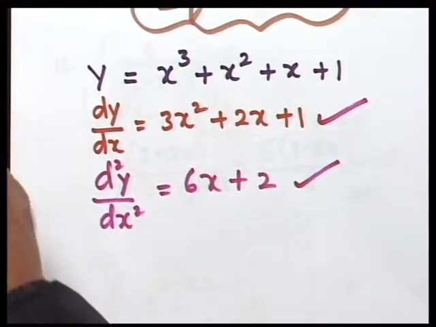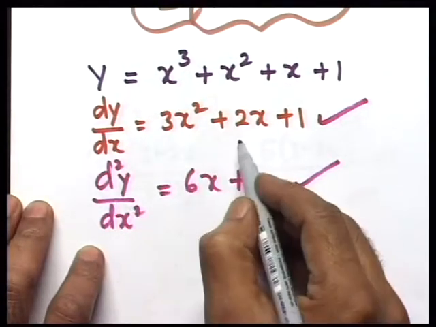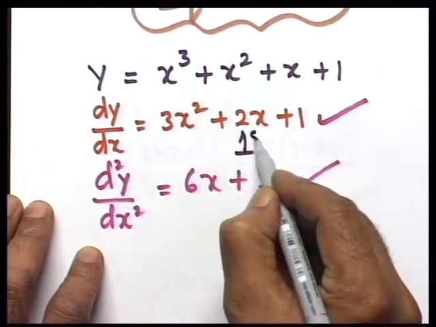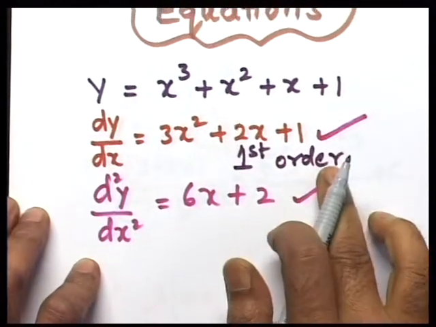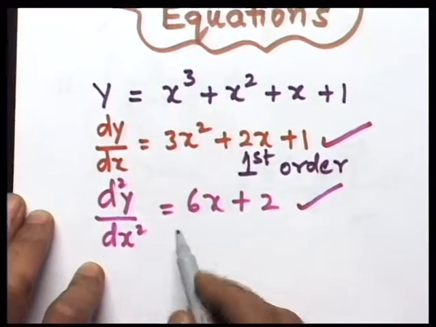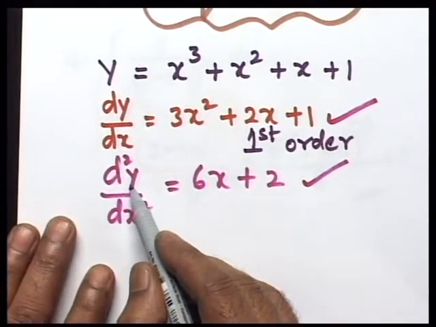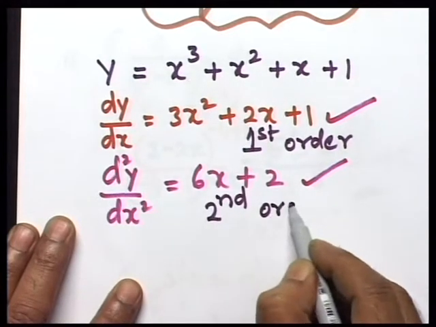Now, what's the difference between those two? This is called a first order differential equation because that's dy over dx only. This is called a second order differential equation. That's all we need to understand.